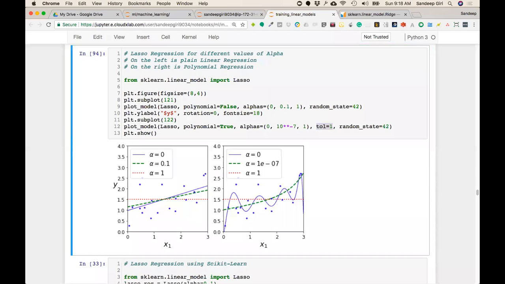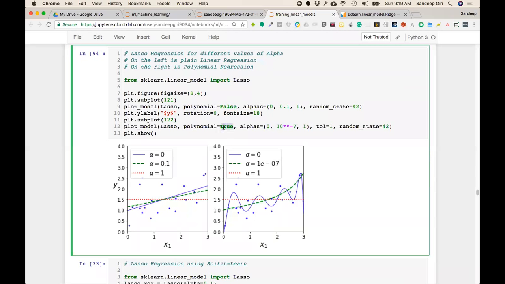A question from Noor: alpha values are different for linear if we compare. In both the cases, we are passing the same alpha value. This is what we did earlier also, and this is what we did here. So I don't get the question. Do you mean that we are using a different alpha value when we are saying polynomial false?